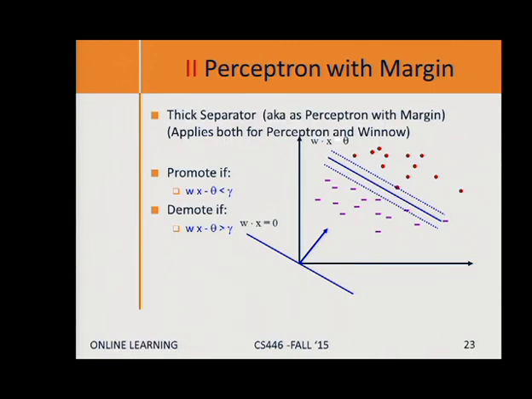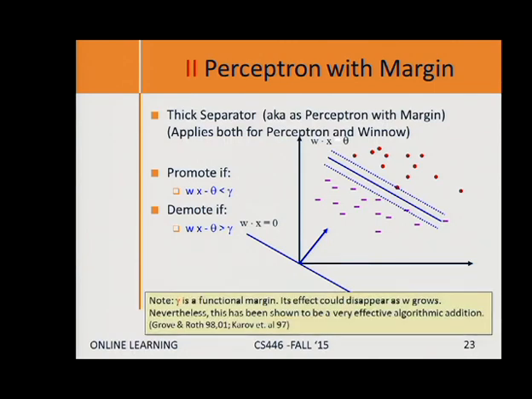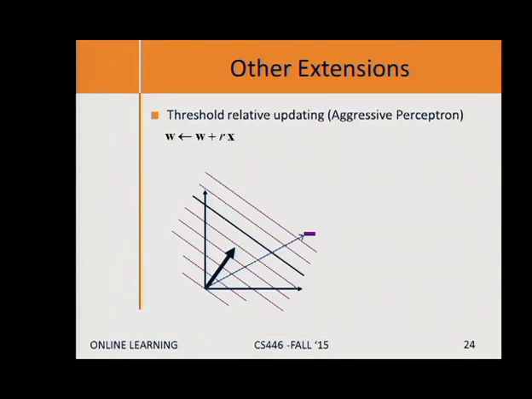Now, one caveat, of course, is that this gamma is a functional margin, so it's not a real margin, as we'll define in a couple of weeks, in the sense that it's a fixed number. And as you learn and W grows, you could say the effect of this gamma is going to disappear. Nevertheless, it turns out that it's a very effective algorithmic addition to Perceptron.